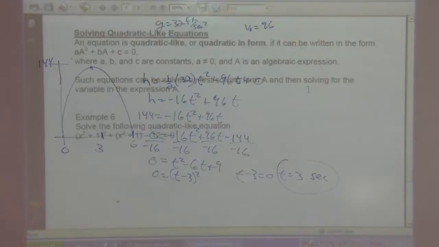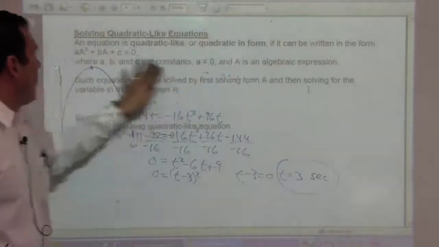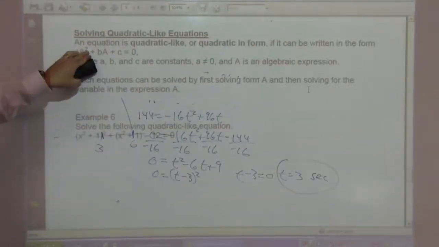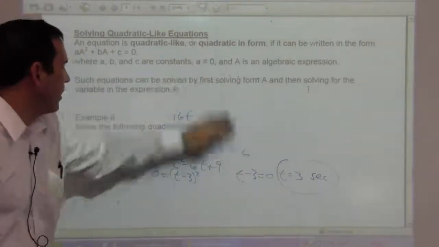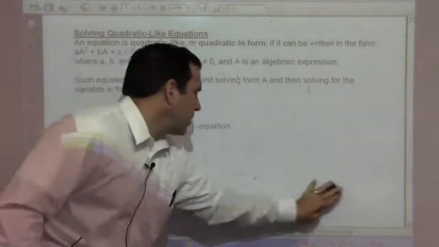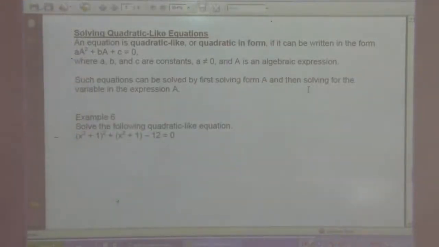So solving quadratic-like equations. If you have something of the form a times some expression squared plus b times that expression plus c equals 0, you can factor out or substitute and then solve.